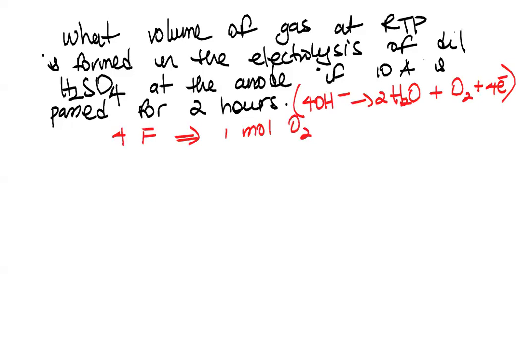Right, this is 4 here, and this is 1 there, right? Okay, work it out then. So 4 by 96,500 C will give me 1 mole of O2. How much is that? It's 384 or something. 386, I meant.